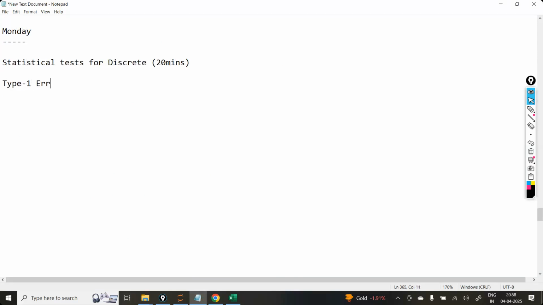There is a concept called type 1 error and type 2 error. It means sometimes the null hypothesis will be correct and we have to accept it, but sometimes we reject it. How is this possible? That is called type 1 error and type 2 error, which we are going to see on Monday.